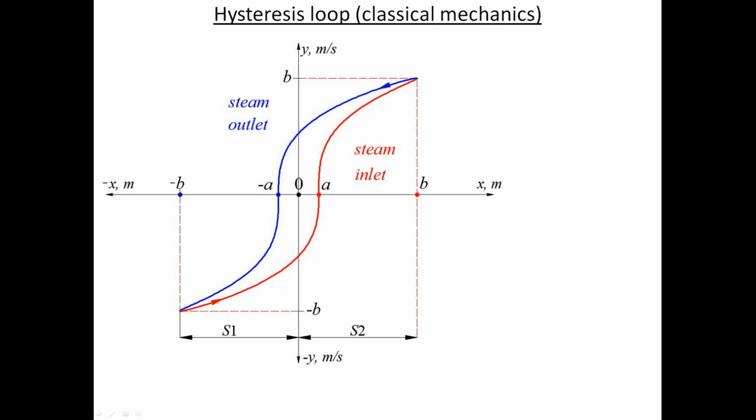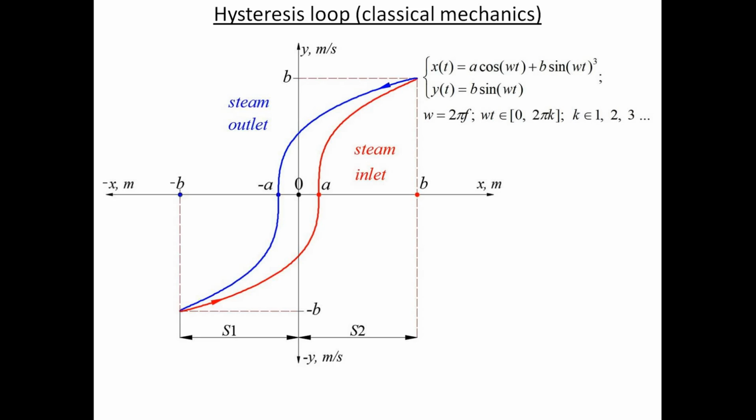In the picture we have such a trigonometric periodic generalized hysteresis loop function, in an equation system from the variable time t, where the x coordinate represents piston movement distance and the y coordinate represents piston velocity.